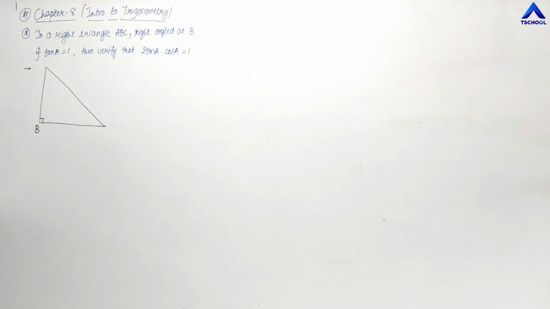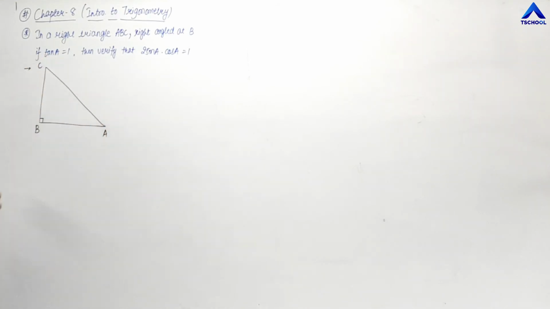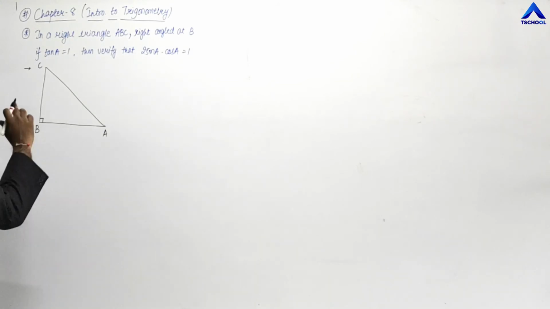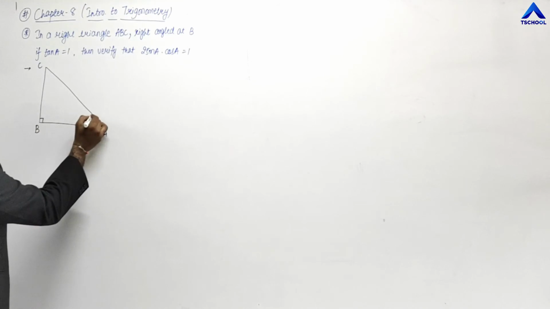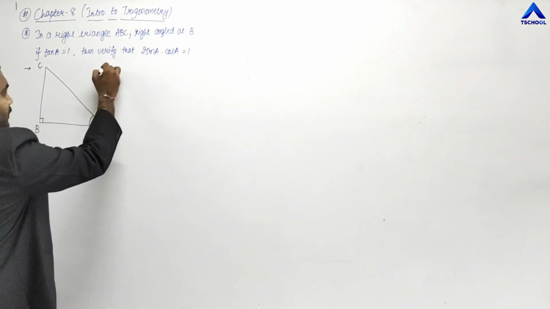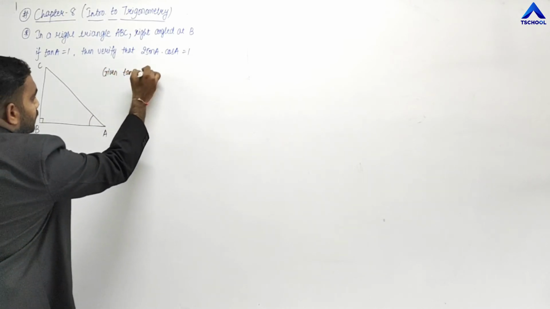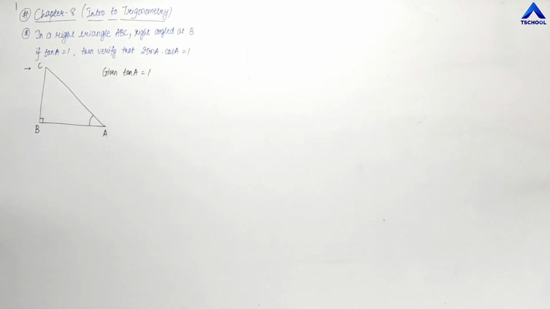We have right angled at B. Let us take A here and let us take C here. So tan A is given as 1, so that is our reference angle, friends. Tan A equals 1. What is the ratio for tan A?